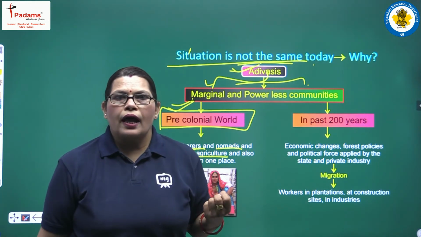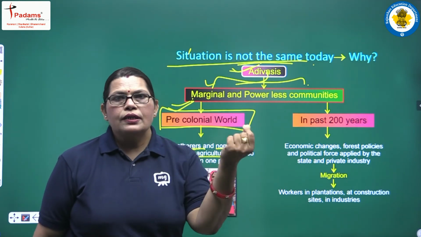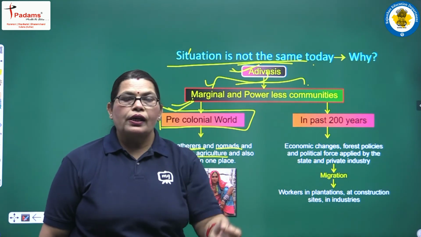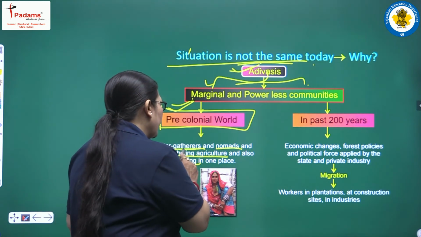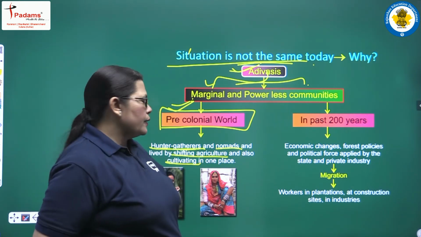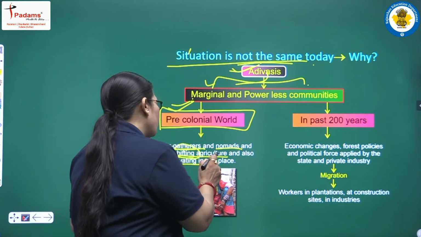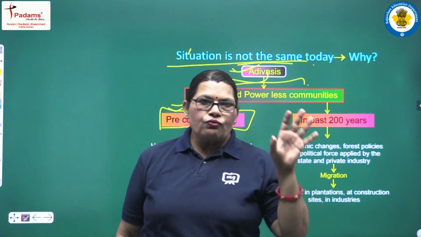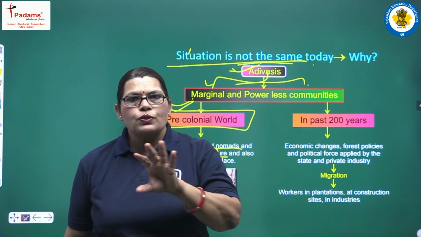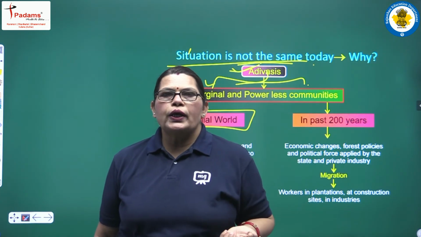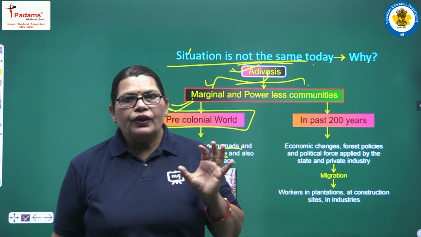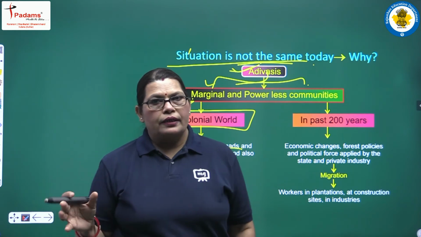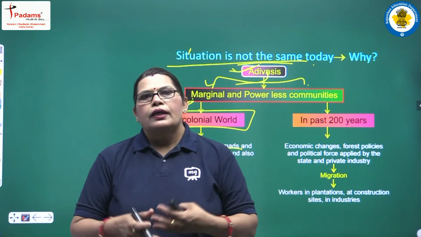Many ornaments are made from wood, as forest is available, and from lakes, as we wear them. So hunter-gatherers, nomads and shifting cultivators were there. Tribal people moved from one place to another because of shifting agriculture, and after cultivating one place, they enjoyed their lives.